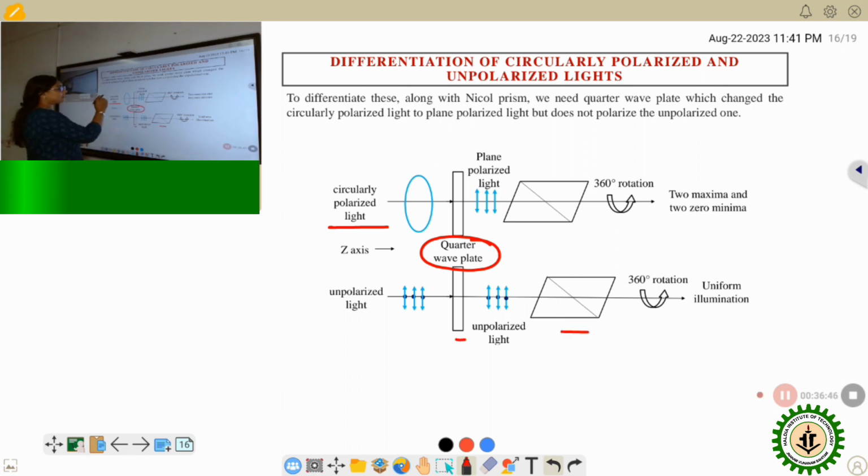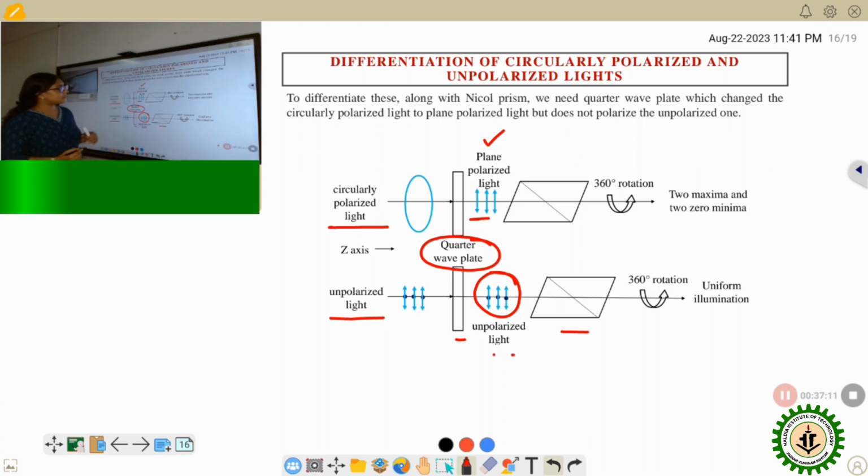When circularly polarized light is passed through a quarter wave plate, it converts into plane polarized light. But when unpolarized light passes through a quarter wave plate, it does not convert into any type of polarized light, it remains unpolarized. Now what do you have in the second phase? You have one plane polarized light, one unpolarized light.